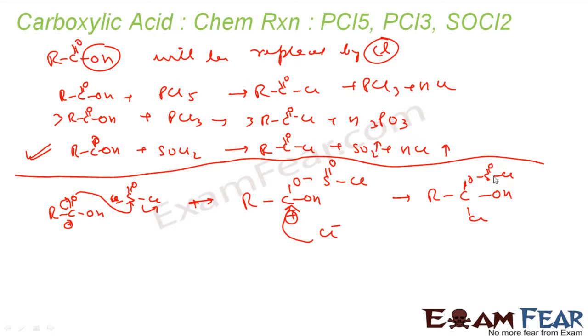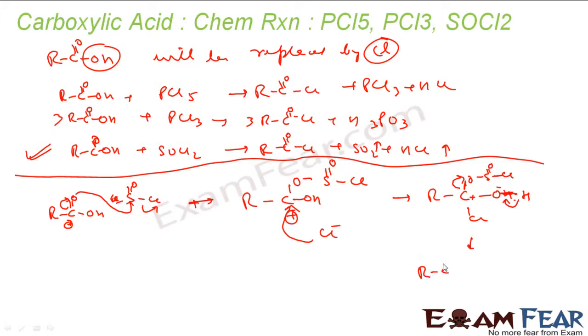Now SO2 gas is pretty easy to go out, right? So this bond H will break, this H will come out, this will get a negative charge, and this will also break, carbon will get a positive charge, it will form a bond, and SO2 will come out.